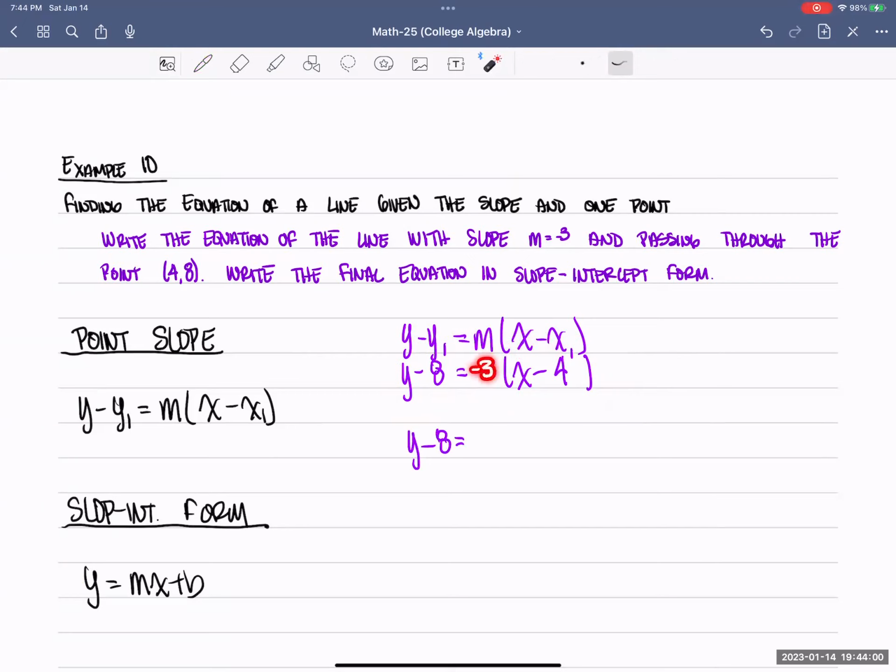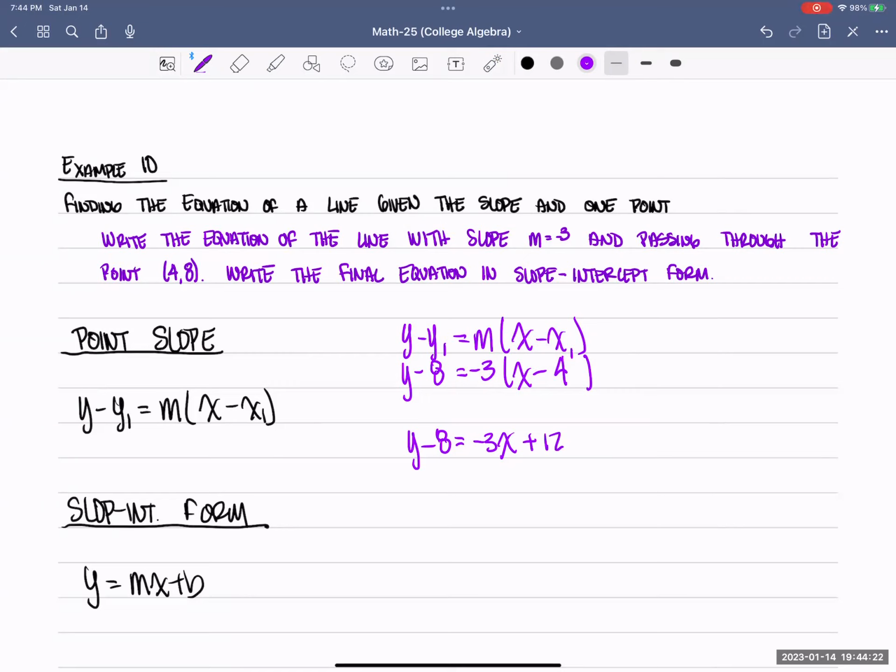Then we have -3 times x. It's -3x. And we have -3 times -4. So distributing that, negative times negative gives us positive. So plus 3 times 4 is 12.